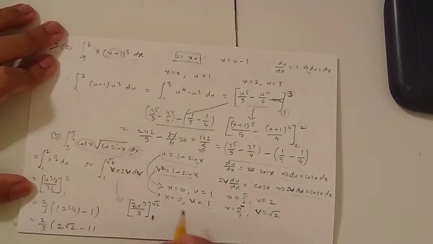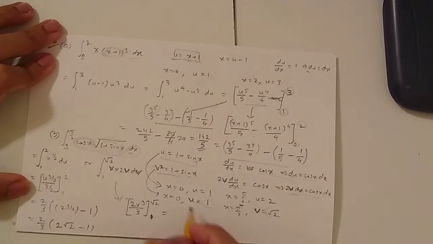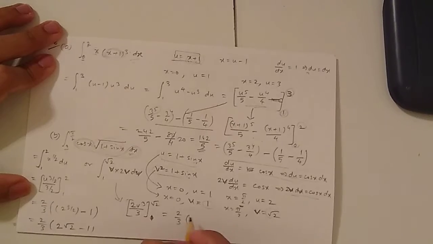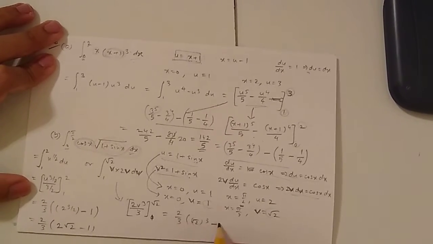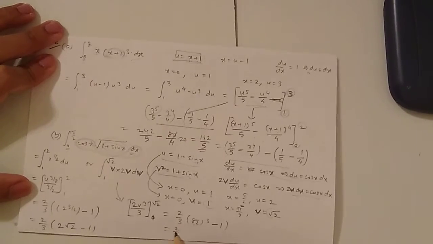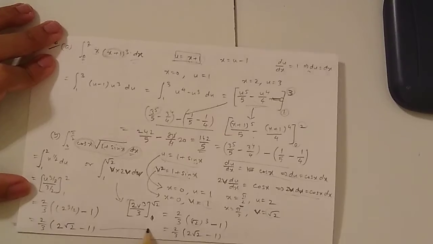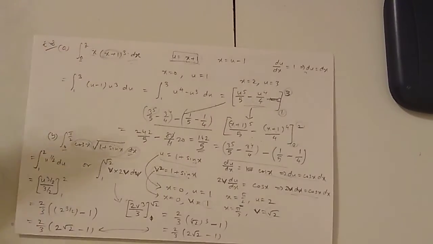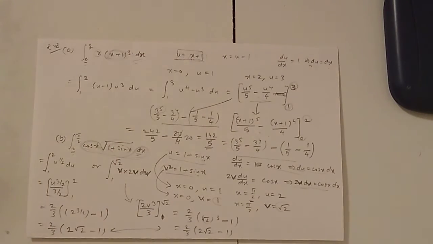Substituting, you get 2 by 3 into root 2 the whole cube minus 1 the whole cube, which is 1, and that again leaves you back to the same answer. So in both cases you get the same answer. It does not matter which substitution you use, as long as you can work through the substitution and get to the final answer. Any substitution is going to be acceptable.